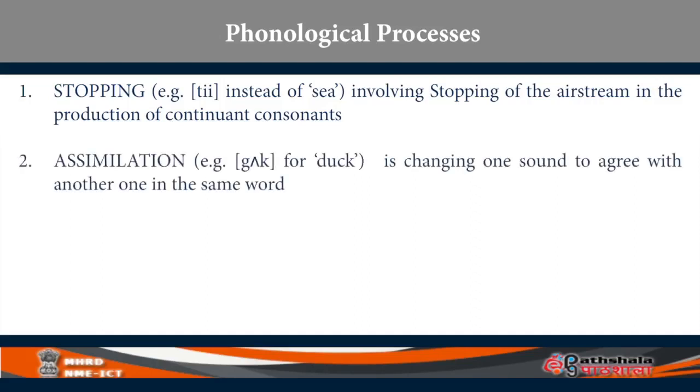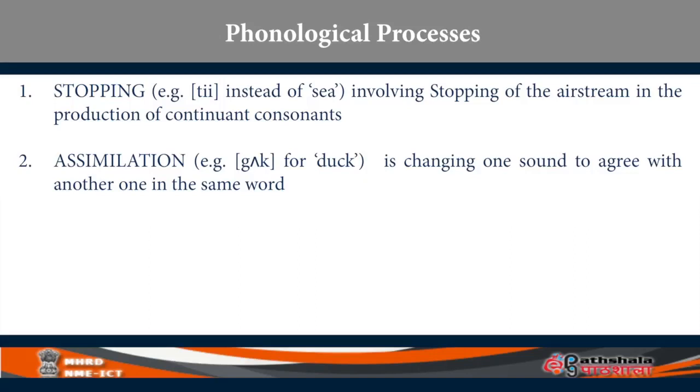Another process is called assimilation. An English speaking child, instead of saying "duck", says "guck". What exactly is happening? Here, the later occurring velar sound ka is influencing the first sound. Instead of saying da, which requires moving the place of articulation, the child is staying with velar articulation.